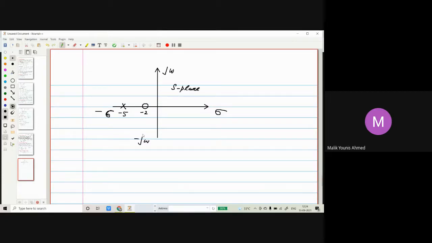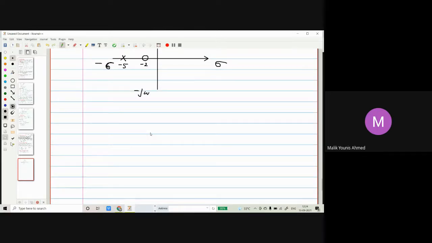Now, if we explain this more precisely, roughly I will write on it, just for explanation. What is the input pole in this system?